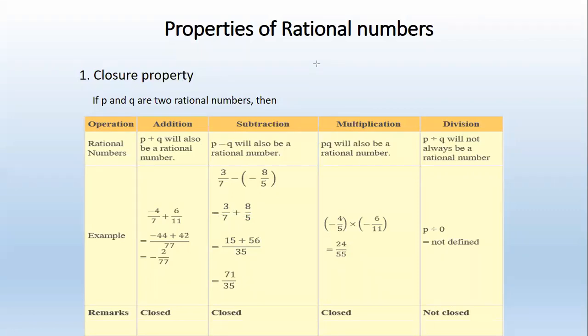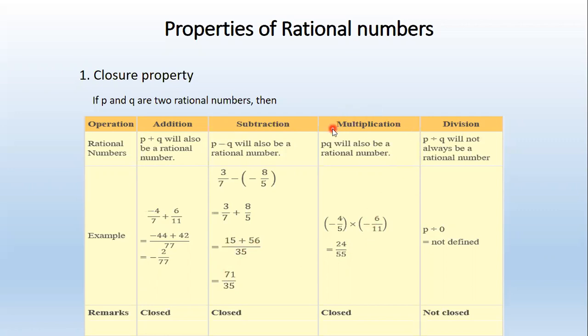So we get 15 plus 56, when we add the numerators it will be 77, and the denominator is 35. So we get a rational number. So we can say that closure property is true for subtraction.